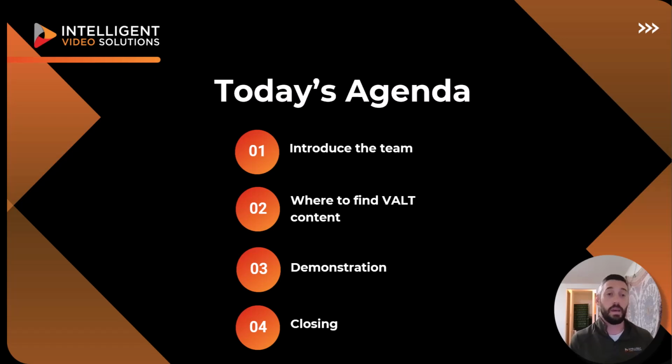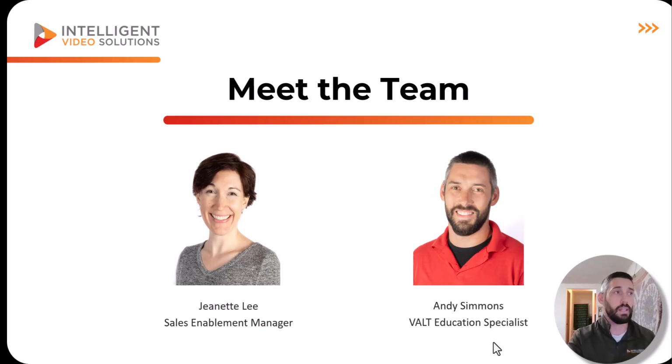Then we'll go through our live demonstration of the Beam application, and I'll show you how it interacts with your current Vault application. And then lastly, we'll close out and talk about what you can do if you want to hear a little bit more about this app or anything else that IVS has to offer. So let's go ahead and start.